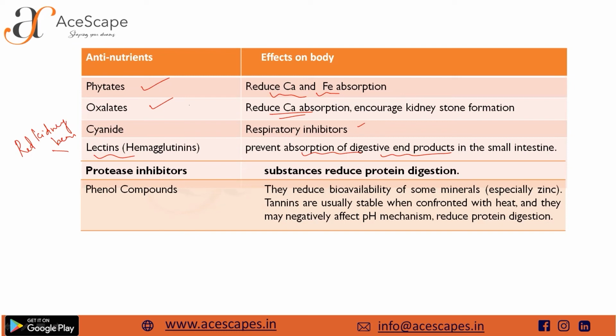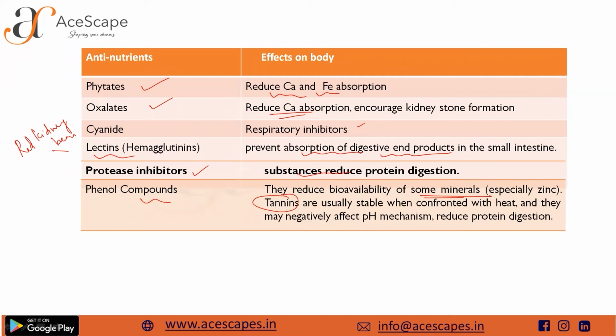Then we'll be having protease inhibitors. What do these protease inhibitors do? They will reduce the digestion of protein. And then some phenolic compounds like tannins are there. They also reduce the bioavailability of minerals. That is, they'll go and bind with these minerals and reduce their absorption.